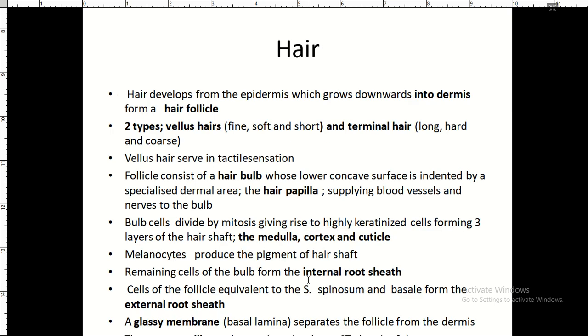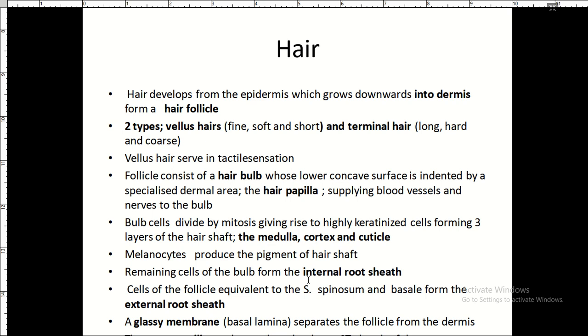Now, let's take a look at the hair, the hair follicle. So, together with the sweat glands and the sebaceous gland, the hair follicle is going to develop from the epidermis. Then it grows downward, getting into the dermis. You can check our embryology videos for skin development.